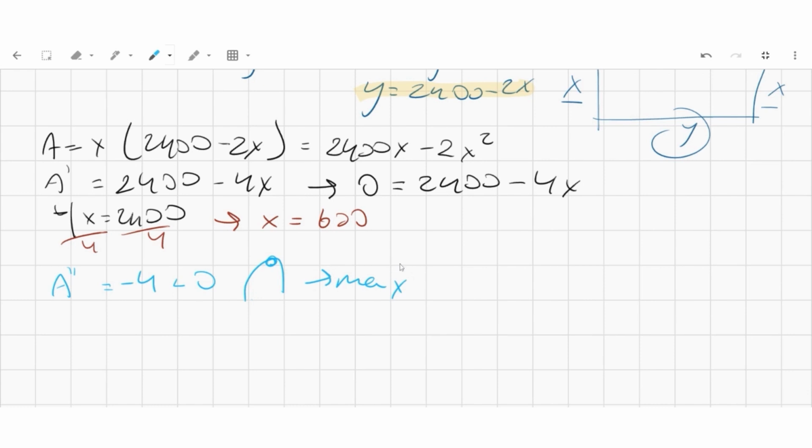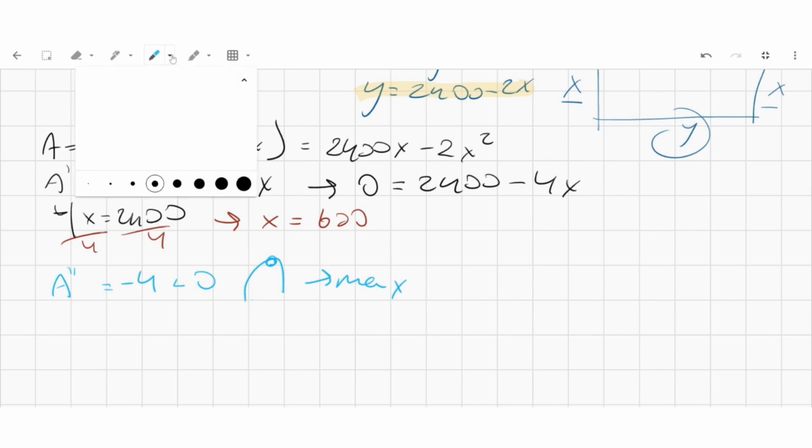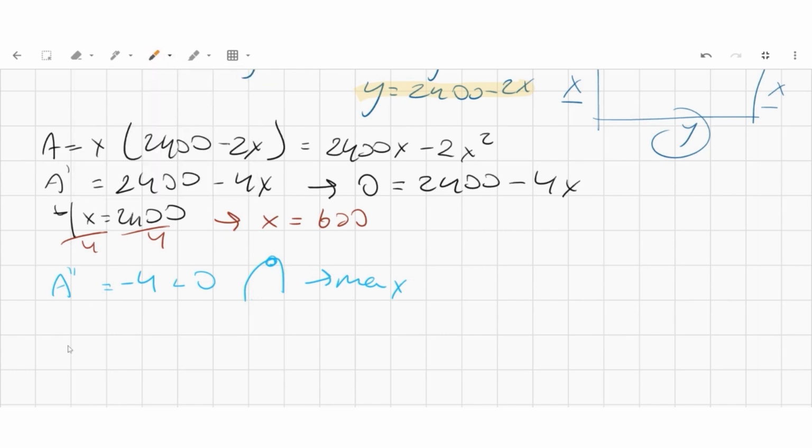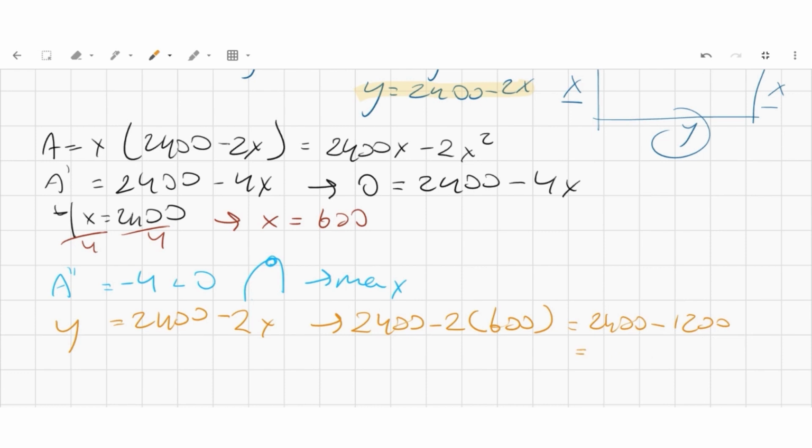Great. Now that we've proven that, we're almost done. All we have to do is solve for y. So y, as we mentioned, is equal to 2,400 minus 2x, which then turns into 2,400 minus 2 multiplied by 600, which is equal to 2,400 again, minus 1,200, which gives us the final value of 1,200.